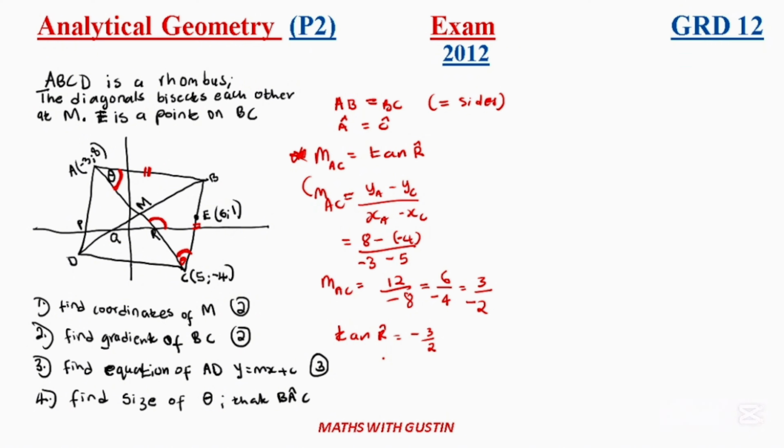Now let me see this. Please go to your calculator guys and do shift, second function, tan, negative 3 over 2. Let me check on my calculator here while you guys are also checking.